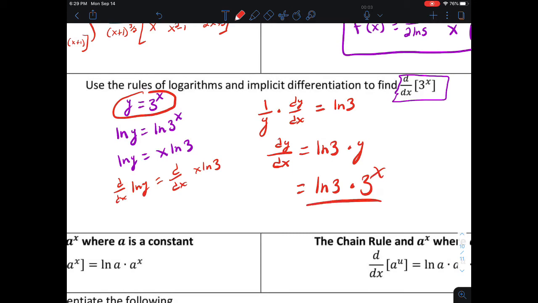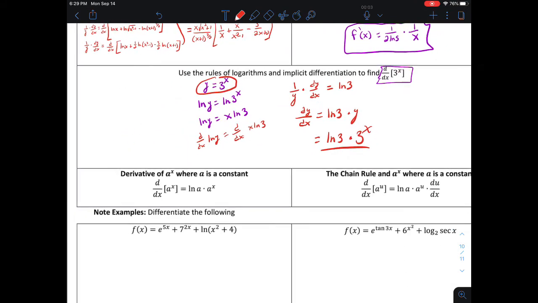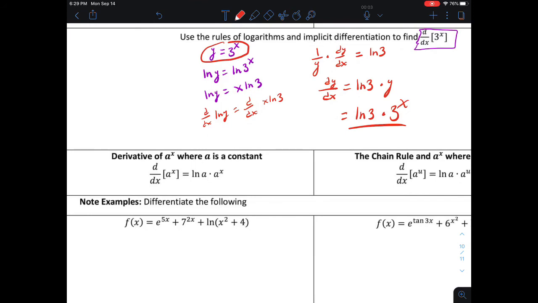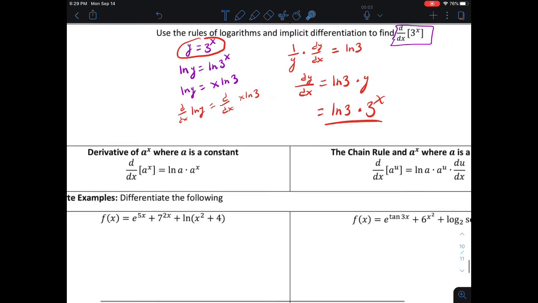Now, we can generalize this for any exponential function where we don't have base e, and we have some constant, call it a. If I'm taking the derivative of a to the x power, the derivative would be the natural log of the base times the exponential function, a to the x.